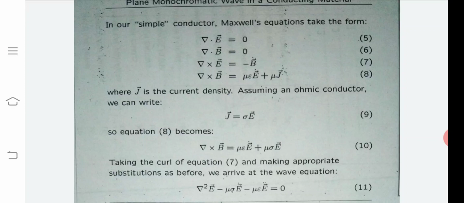Assuming an ohmic conductor, we have J equals sigma E. From equations 8 and 9, we can put the value of current density into equation 8, which gives del cross B equals mu epsilon dE by dt plus mu sigma E. Taking the curl and making appropriate substitutions, del square B minus mu sigma dB by dt minus mu epsilon d squared B by dt squared equals 0.